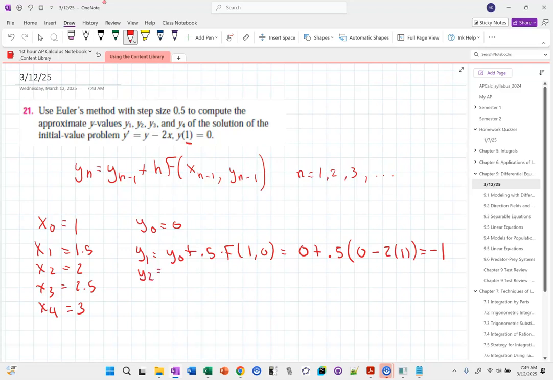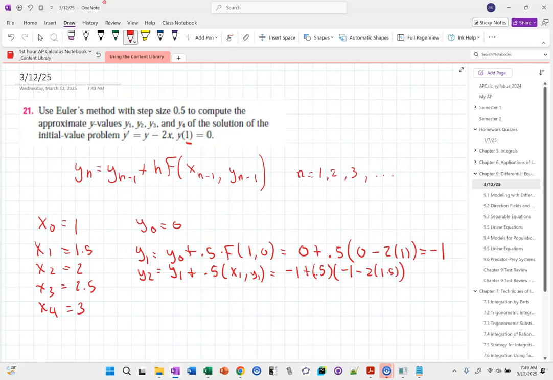So y2 is going to be y1 plus 0.5 times f of x1 comma y1. So that's going to be -1 plus 0.5 times -1 minus 2 times 1.5.